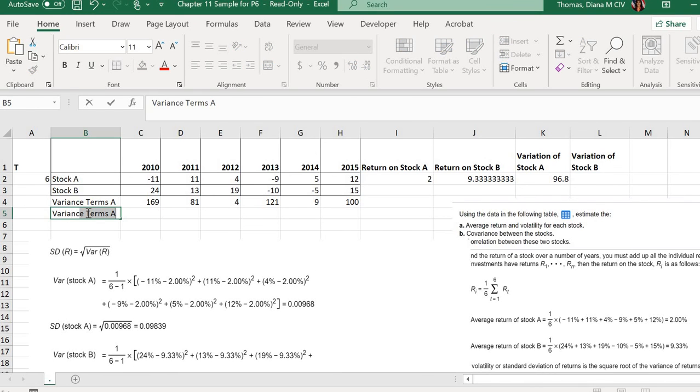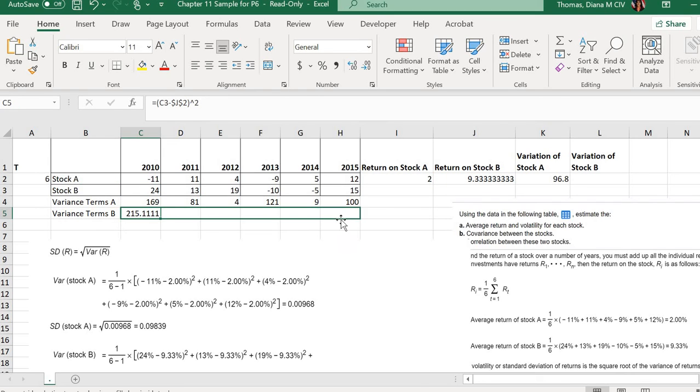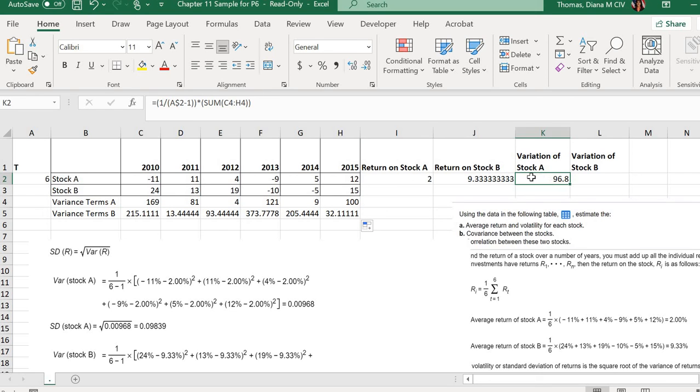So variance terms in B, I'll do the same thing now, equals C3 minus $2 squared, and then pull that formula. And then over here, if you want to be lazy, all you have to do is make sure that's there, and then pull it here.